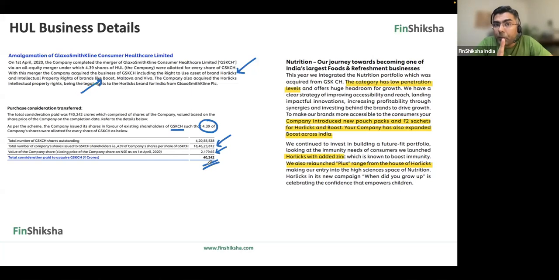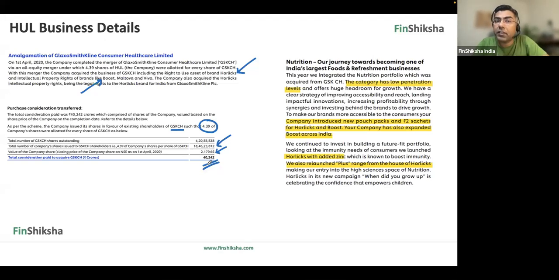Now remember, the balance sheet size before this was 20,000 crore, but market cap was very high. Because of that, 40,000 crore was issued, and this was about, I think, 10% of the market cap at that point of time, which resulted in GSK Consumer Healthcare coming in. So on the equity side of the balance sheet, equity worth 40,000 crore has been added.